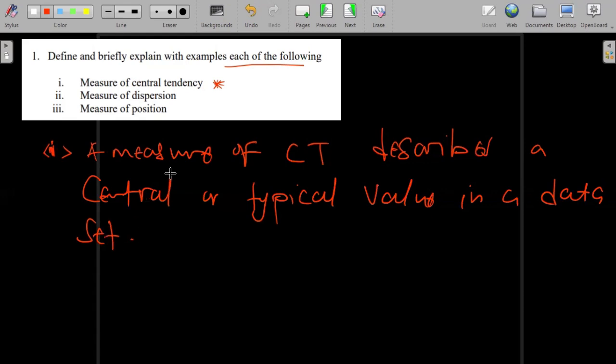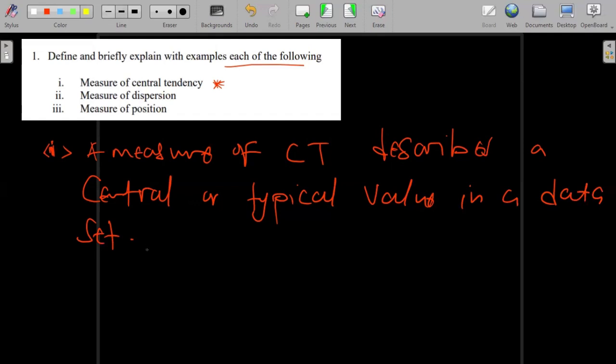It's just a value that describes the center, a value that is in the center, or a certain position in the data set. So just say a measure of central tendency describes a central or typical value in a data set. So we have three measures of central tendency.